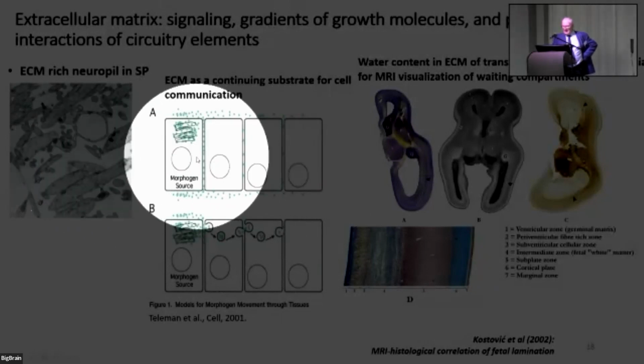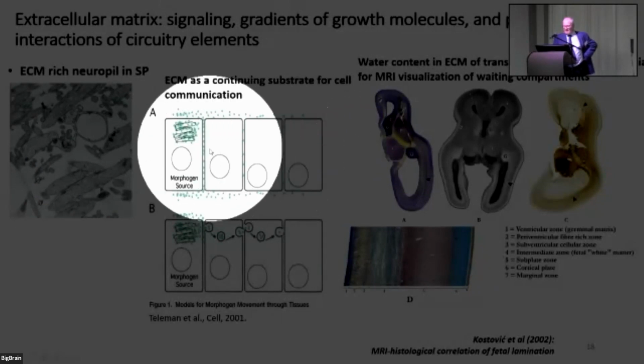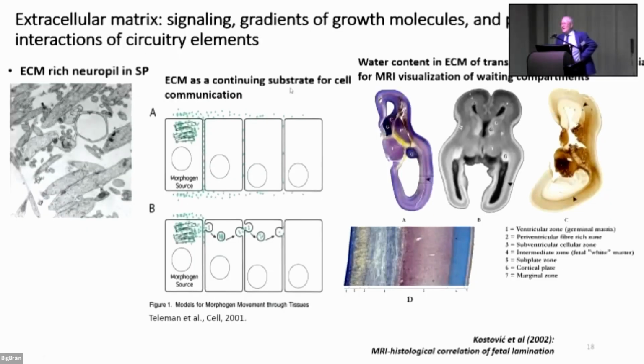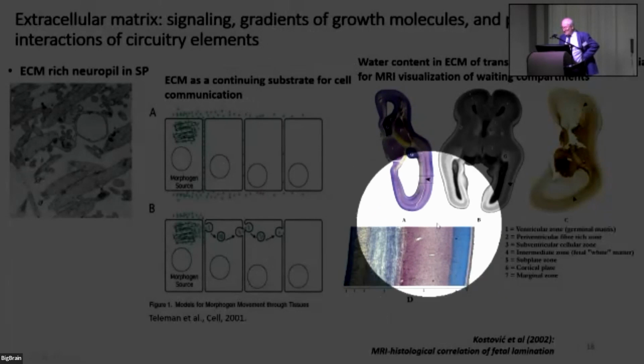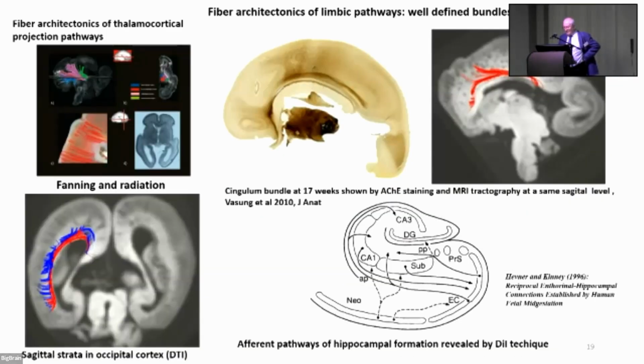And there are papers showing that in this extracellular matrix, you can have diffusion of active molecules, even transmitters like glutamate or other growth-active and signaling molecules, which can allow communication between cells before synapses were formed. So again, I show the enormous subplate, and it's full of this. We will come to this problem later.